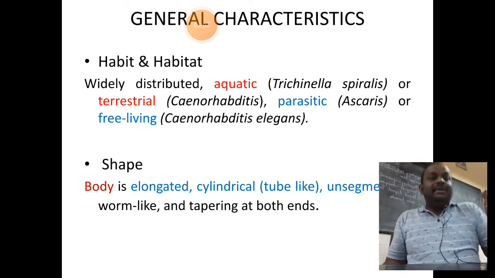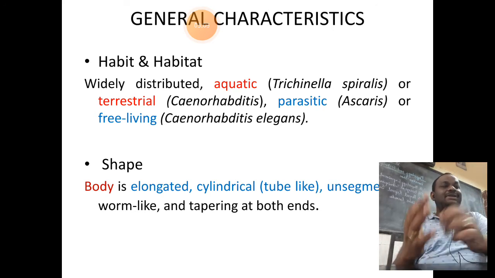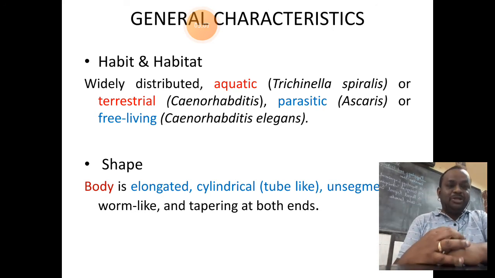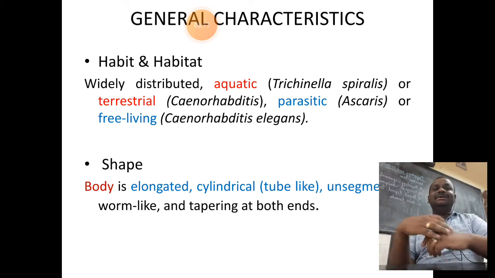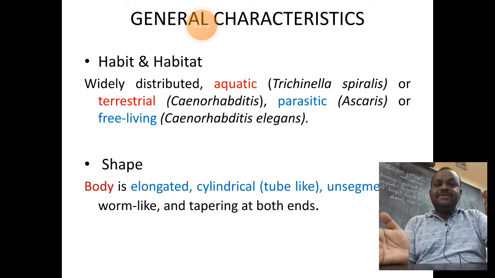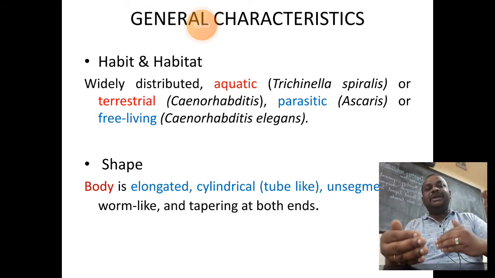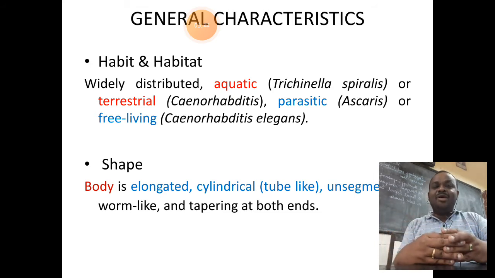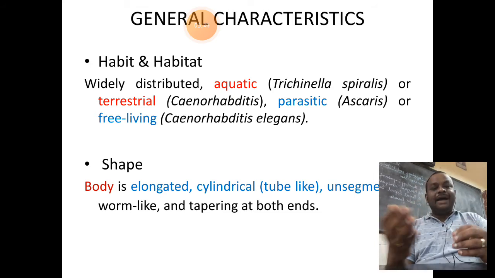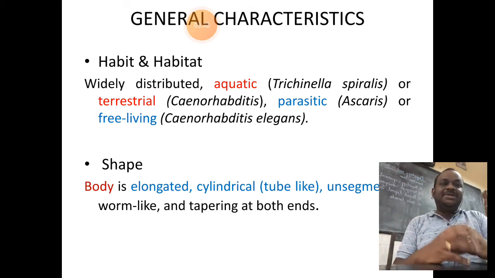Well, now we shall look into the general characteristics of phylum Nematoda. As we have understood in the earlier sessions, general characteristics refers to the common features related to this particular group of organisms. To start with the first one, the habitat and habit.